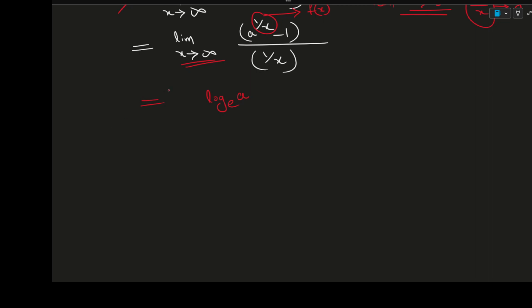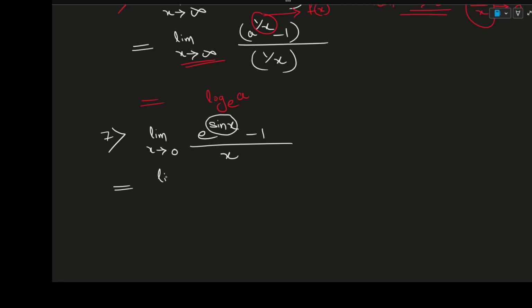Now we'll see one easy question: the limit as x tends to 0 of (e to the power sin x minus 1) by x. In order to apply the exponential formula, I can clearly see that f of x will be sin x. If I divide the numerator by sin x, then I can apply the standard formula.